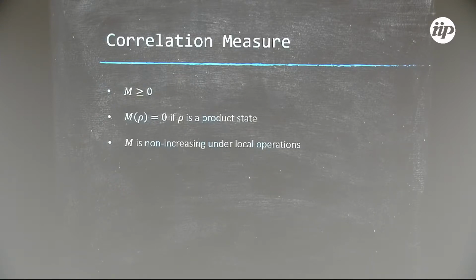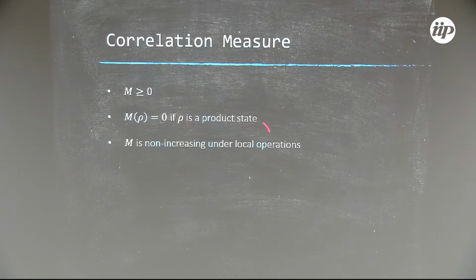So we defined our quantity as a correlation measure if it satisfies these conditions. I'm just saying that these are the three properties that we thought it is reasonable for this quantity to satisfy. The first one, it has to be bigger than 0, and it has to be 0 if I have a product state, which means that I'm considering that maybe just classical correlation will be enough to identify this non-Markovian dynamics.